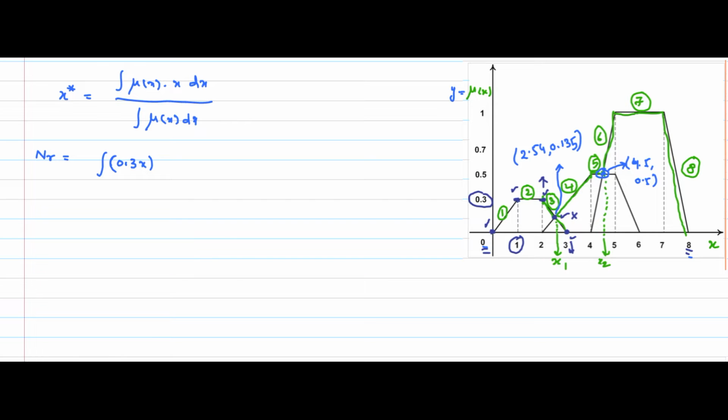So the integrand is 0.3 into x into x, dx. From where to where? Line 1 is from x equal to 0 to x equal to 1, so I can simply write 0 to 1. That's all. This is how we need to take up this problem.